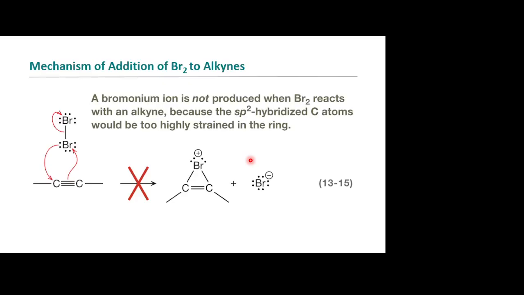So this can't be produced right here with an alkyne because you're going to have sp2 hybridized carbon atoms. These would be too strained to actually exist because remember you have that double bond, right? And so you'd have to have this instead of like this, right?